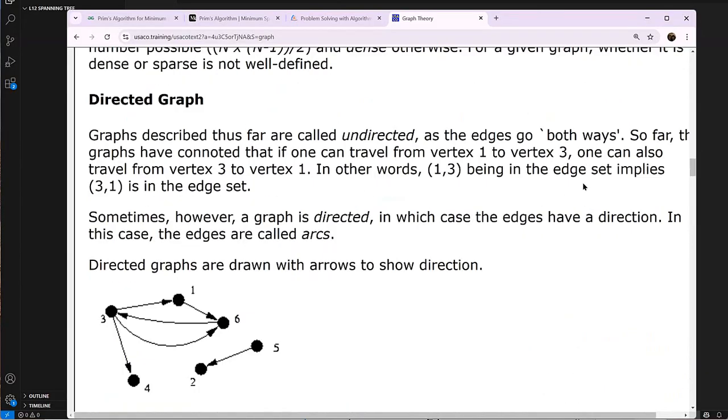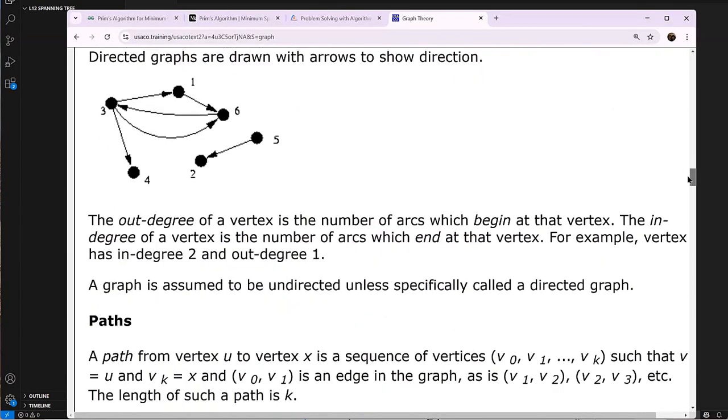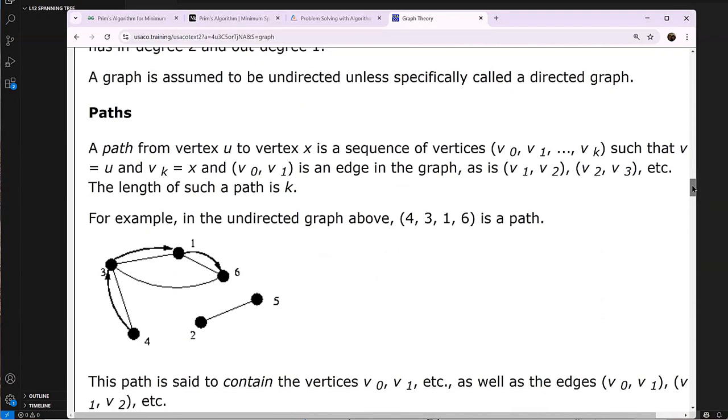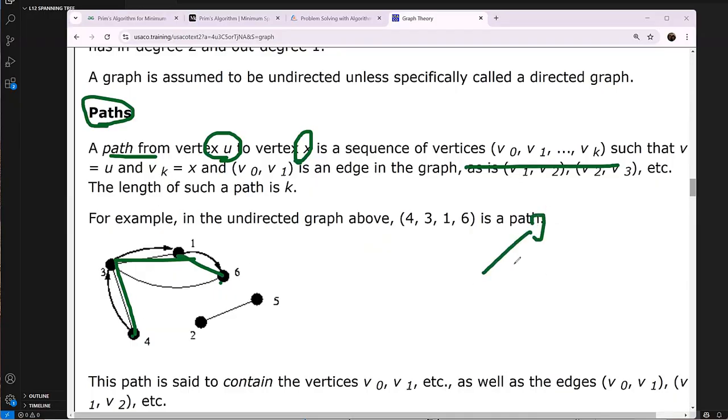Now there's a directed graph, okay? You also have the directed graph. Next idea you need to know is the path. A path in the graph is when you go from 4 to 6, from here to here to here. This is a path from vertex U to vertex X. Path is also what you get when you do depth first searching, you search from somewhere to somewhere.